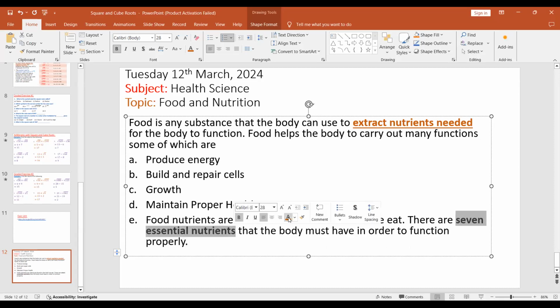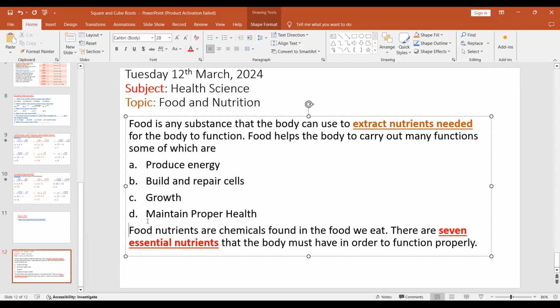Can you think of any essential nutrients that the body needs to function properly? Water, vitamins. Okay, someone said water. Yes, water is one. Vitamins. Water, vitamins, what else?